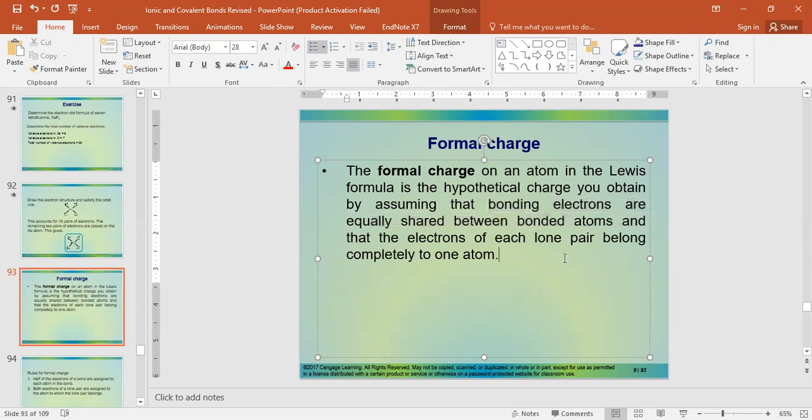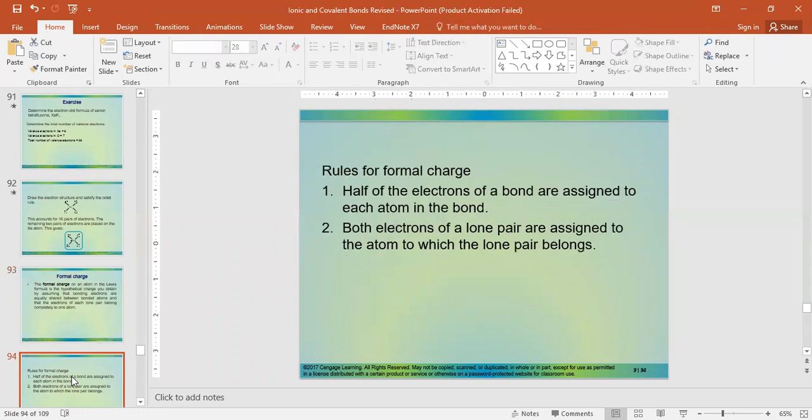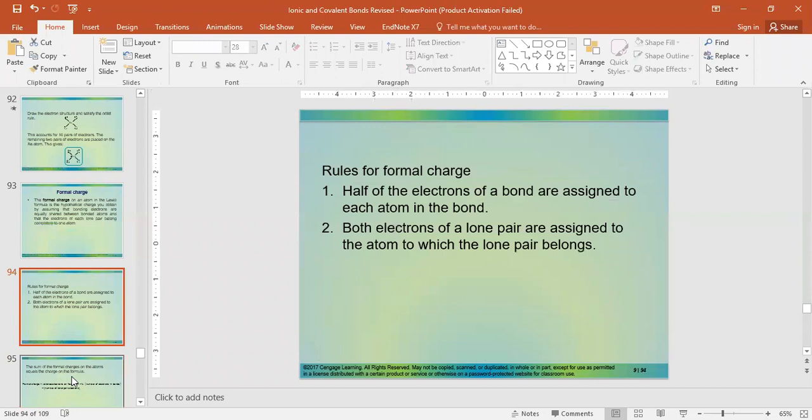And number 2, that the electrons of the lone pair belong to only one atom. You can only associate them with one atom. And I'm going to give you a specific formula and examples on how this can be calculated.